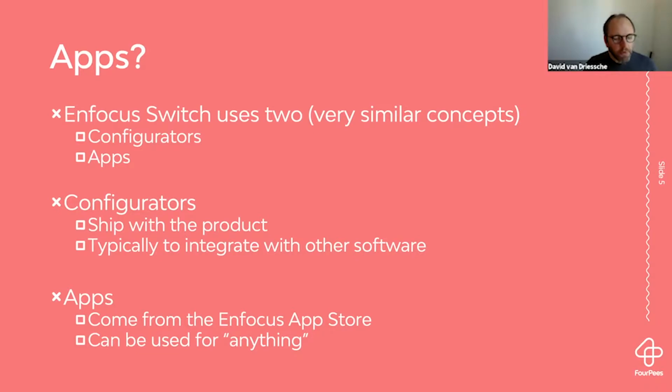An app, like I said, you have to go hunt for those, and you can find them on the Enfocus Appstore. And it can be used for just about anything. Some of these apps also integrate other software. In other cases, the app implements a little tool, if you want. There are lots of built-in tools in Switch.